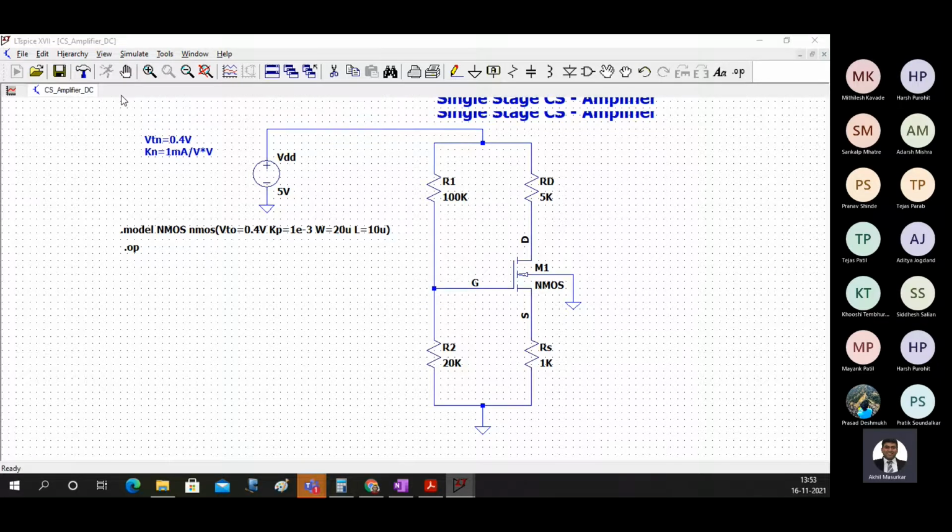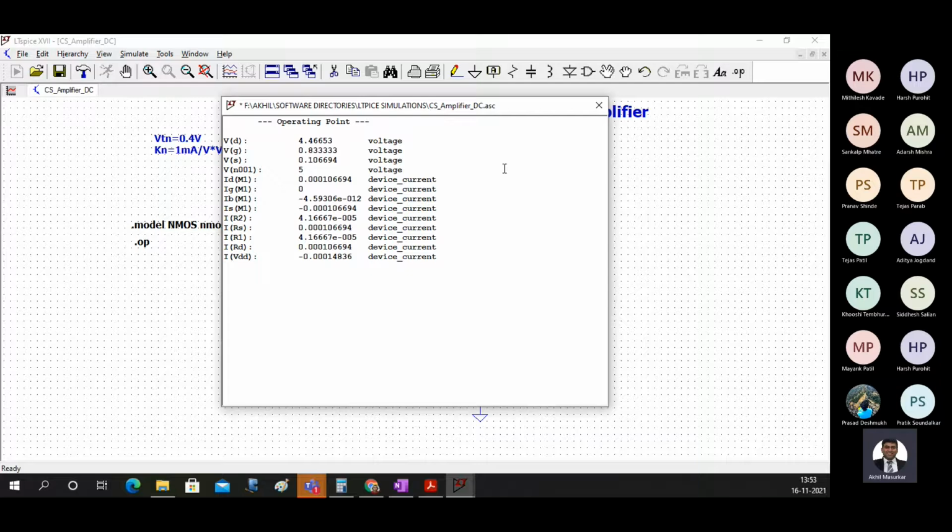If you simulate this, you can see VGS is 0.833 minus 0.106694. That difference will come to around what we have calculated. So that's the value of VGS, and VDS also can be calculated.